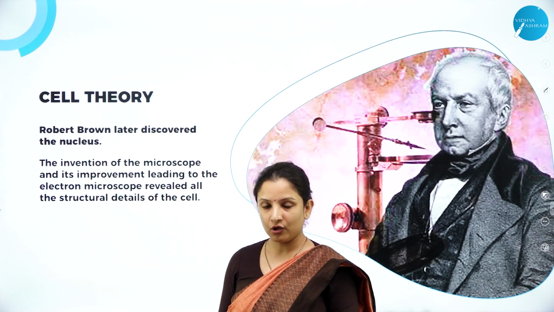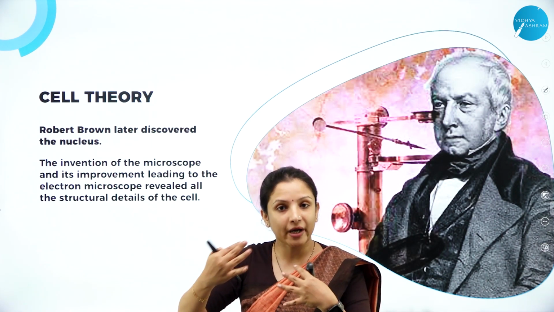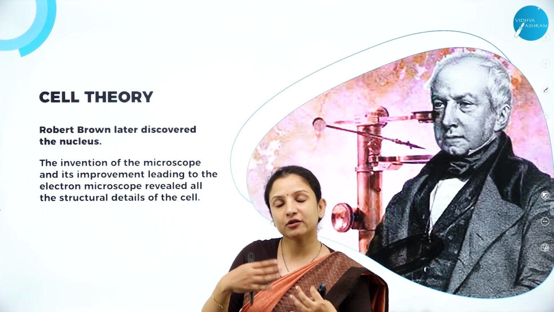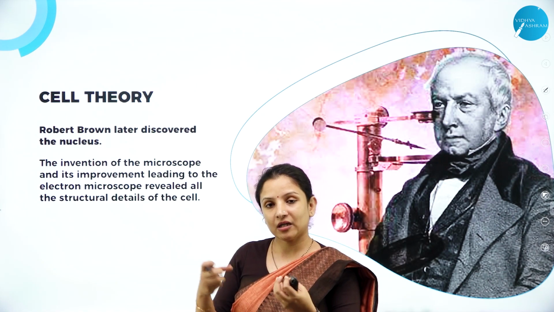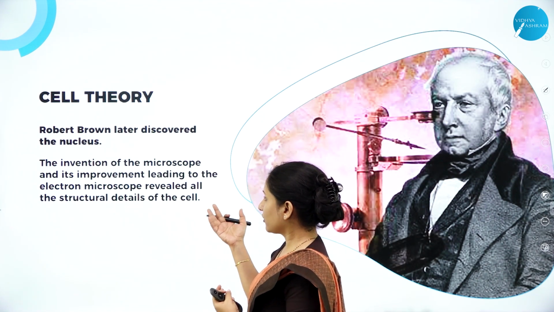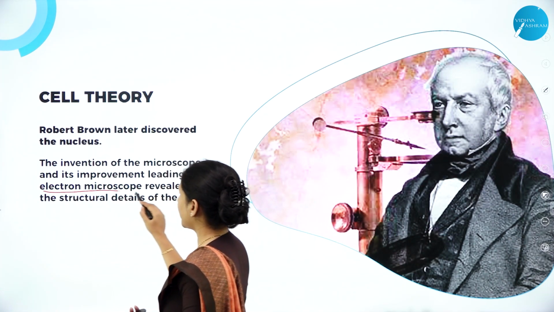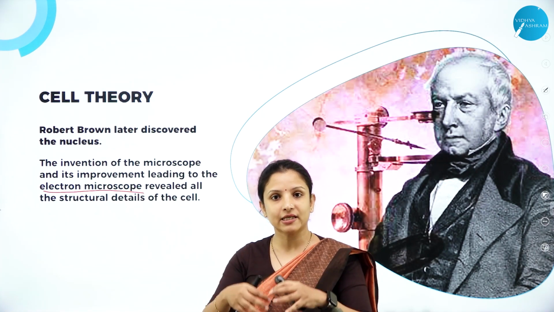It was later, with the advancement of technology, when they started developing the compound microscope, a better version of the microscope, and the electron microscope, that people got to know what exactly is inside the cell.